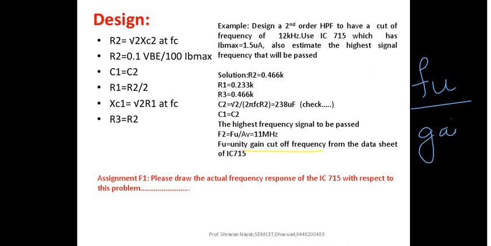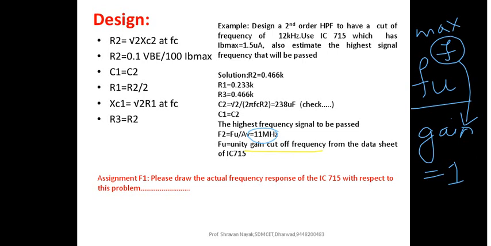So now, as per the data sheets of IC715, the unity gain cutoff frequency of IC715 is 11 megahertz, right? Anyway, that is not specified here in the problems. If at all they are asked in the examination, it must be specified, unless you are provided with the data sheet of IC715. So now take the unity gain cutoff frequency FU as 11 megahertz.